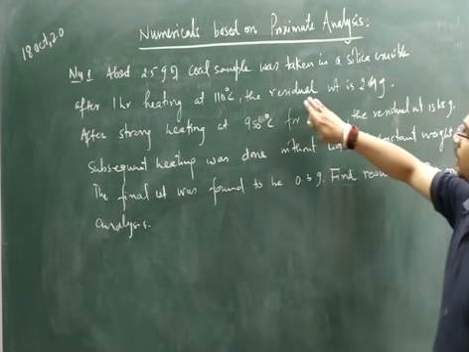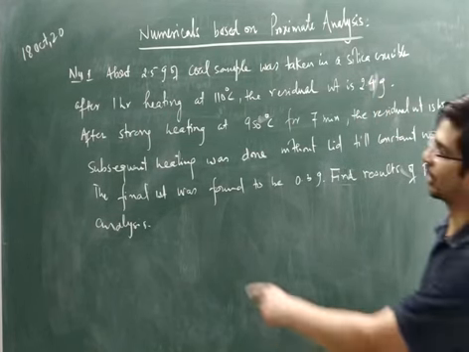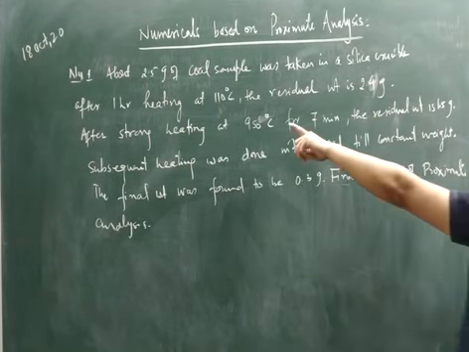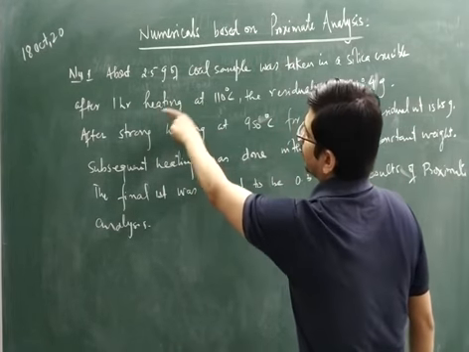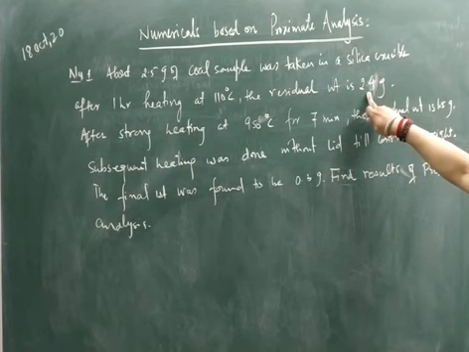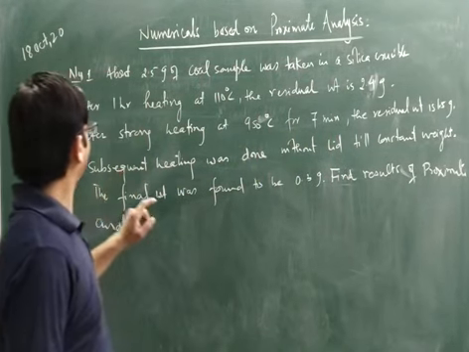The residual weight was 2.4. That means initial weight 2.5, and the weight after heating for 1 hour at 110 degrees Celsius became 2.4. So there is a weight loss due to the moisture.